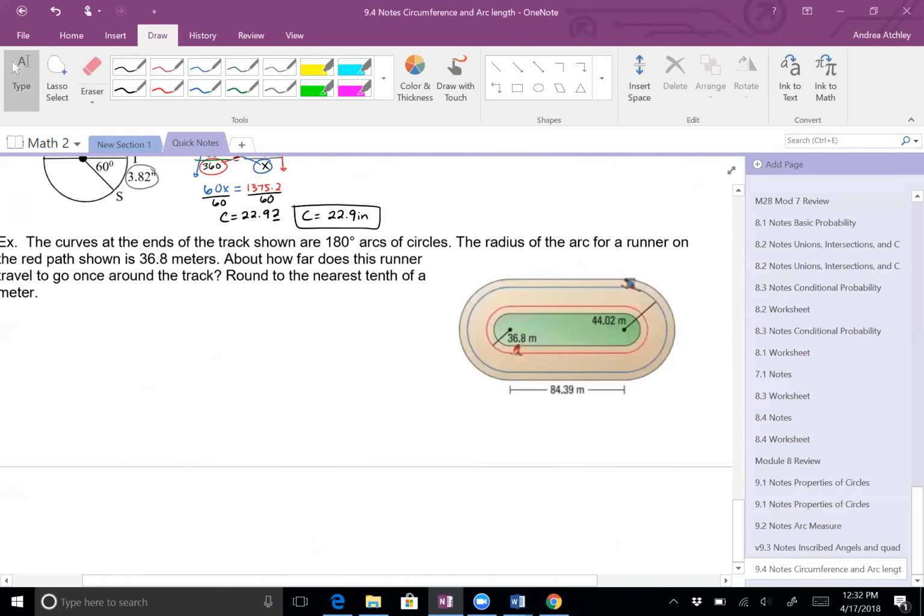We want to find the distance around a track. Okay, the curves at the end of the track shown are 180-degree arcs of circles. The radius of the arc for a runner on the red path. Let's write this down since yours isn't in color.